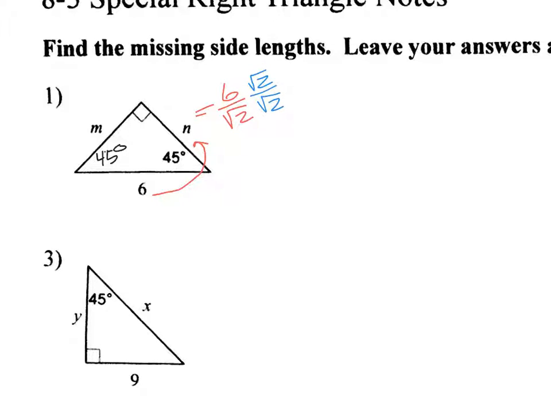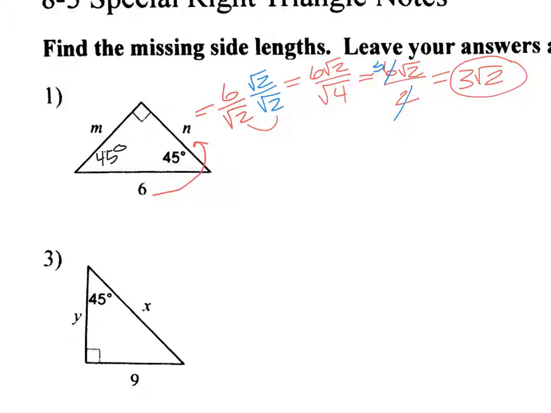Now, when you do that, that gives you 6 times square root of 2 on top, and on the bottom you get square root of 4, because 2 times 2 is 4. Square root of 4 is 2. Well, now 2 will go into 6 3 times. So I'm left with 3 square root of 2.